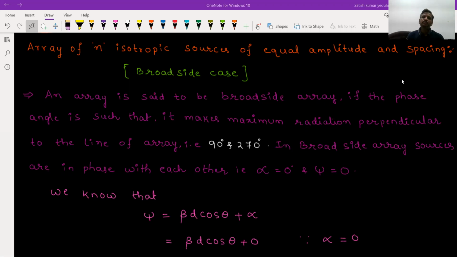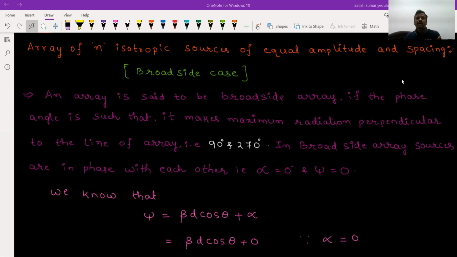An array is said to be a broadside array if the phase angle is such that it makes the maximum radiation perpendicular to the line of array axis. This is what we said in the types of arrays lecture. A broadside array is the one in which the elements are equally spaced and excited with currents of equal amplitude and phase, and then it fires its radiation perpendicular to the array axis.